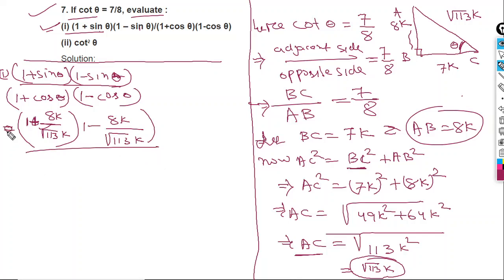whole divided by, you can give the equal to sign here, 1 plus cos theta. Look at the figure, cos theta will be adjacent side divided by hypotenuse.